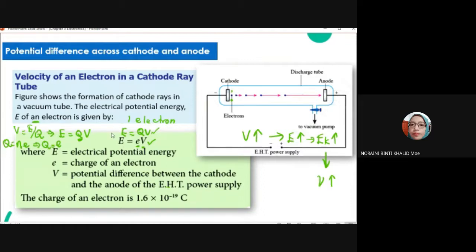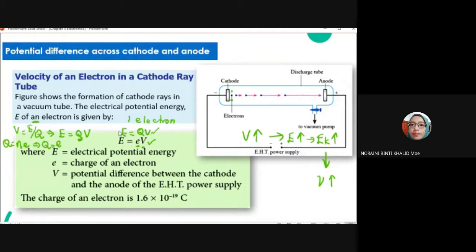Thus, the electrical potential energy gained by one electron equals the charge of one electron times the voltage of the EHT power supply. So we get this formula E equals eV. The charge of one electron is always given as 1.6 times 10 to the power of negative 19 coulomb.